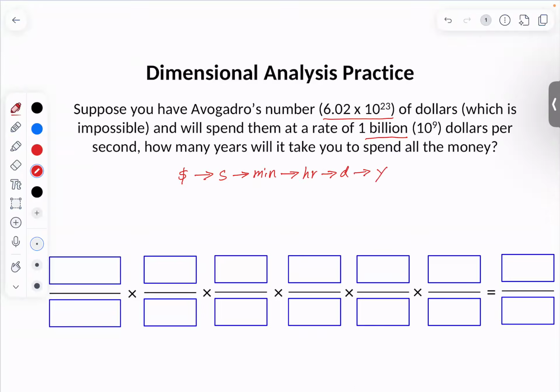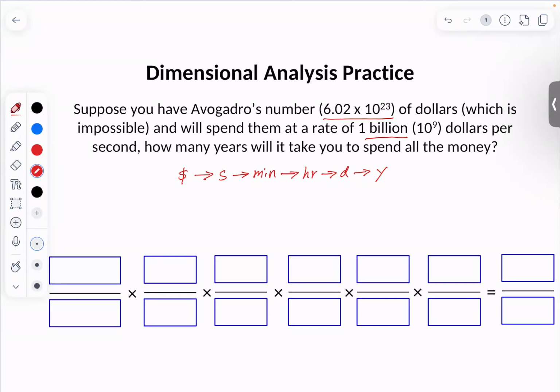Please pay attention that every conversion factor is like a bridge between two units. As we multiply them together, the undesired units cancel out one by one until we end up with years. Now, let's do this together.